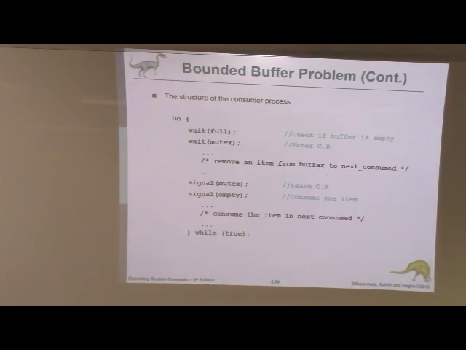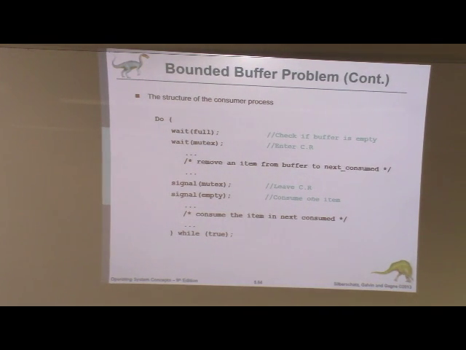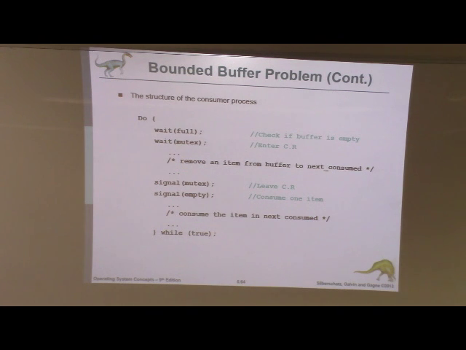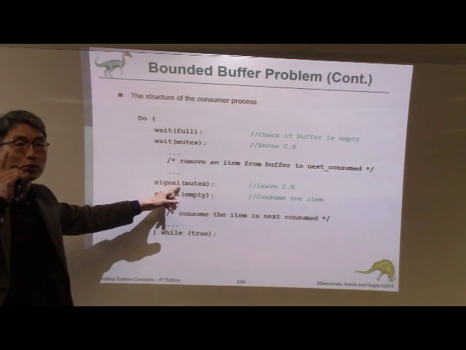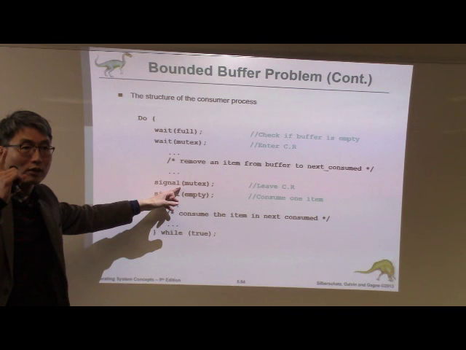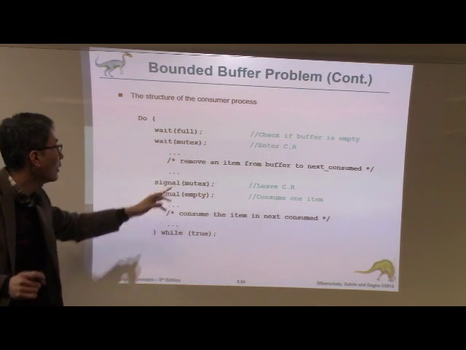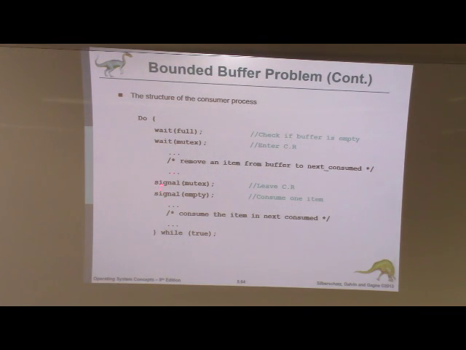At the same time, the consumer process can be defined like this. Using the mutex lock, only one process can enter the critical section, right? So we use wait mutex and signal mutex. Then wait full checks whether the buffer is empty.